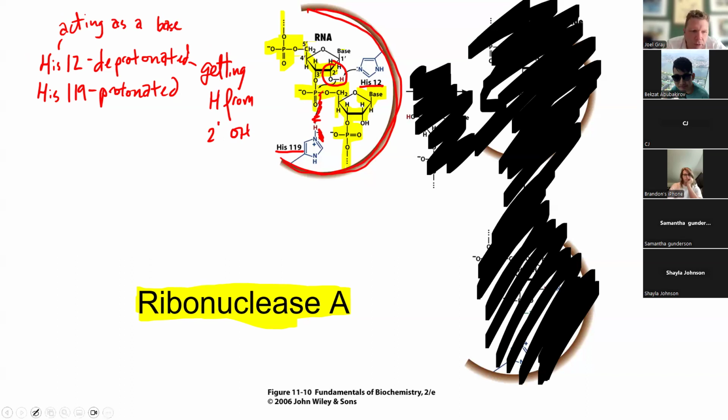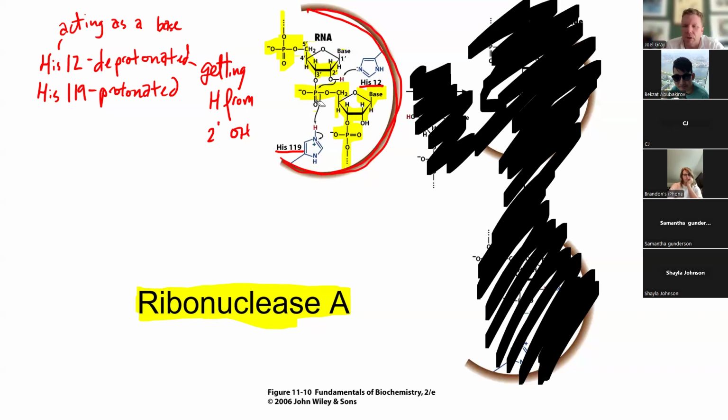Now, I'm going to go ahead and do some more erasing. And well, if histidine 12 is acting as a base and it is deprotonated, then if you look at the arrows for histidine 119, does anyone have a thought as to what histidine 119 is acting as when you compare the structures of the two amino acids? Perfect. It's an acid.